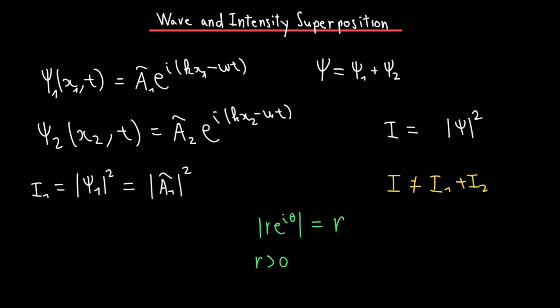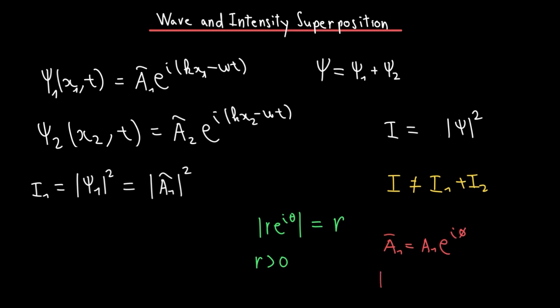But the problem here is that a1 tilde is also a complex number. So the modulus can't be a1 tilde because it's a complex number and we want a real positive number. But remember that a1 tilde is just a1, where a1 is a real number, times e to the i phi.